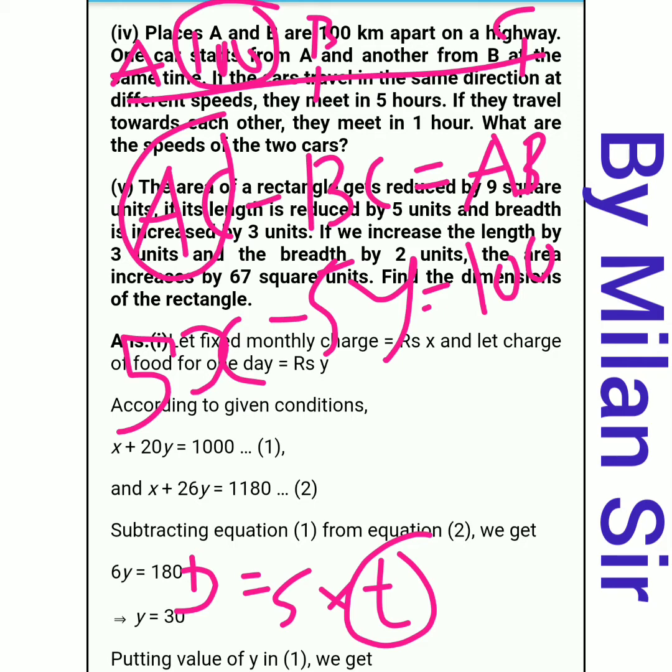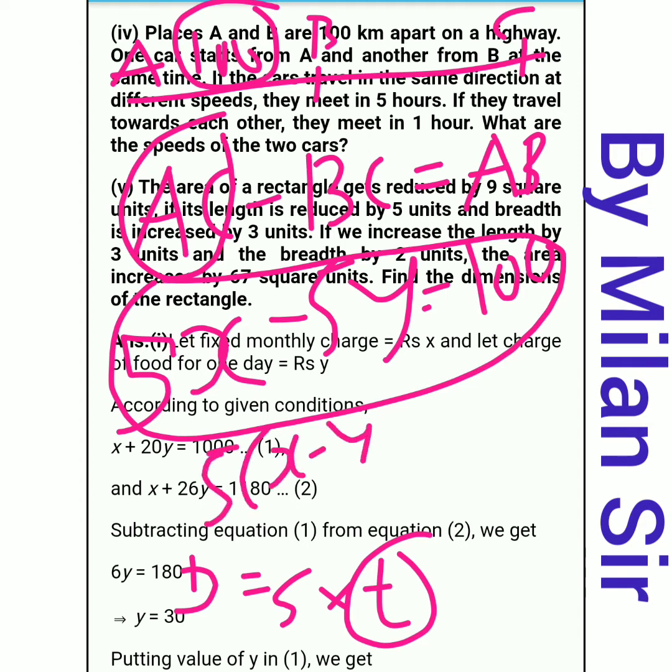Then in this equation we can take 5 as common. Here 5x minus 5y is equal to 100. If we take 5 as common, then in the bracket x minus y, and 100 divided by 5 is 20.